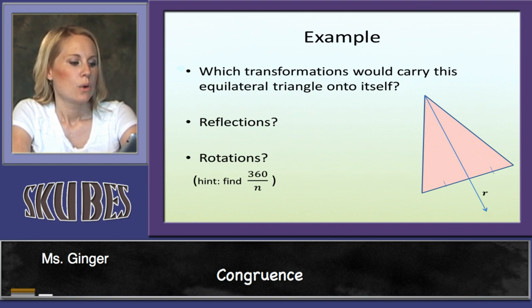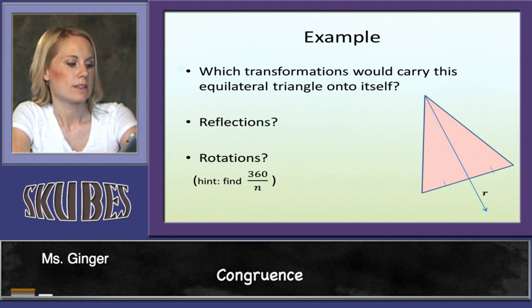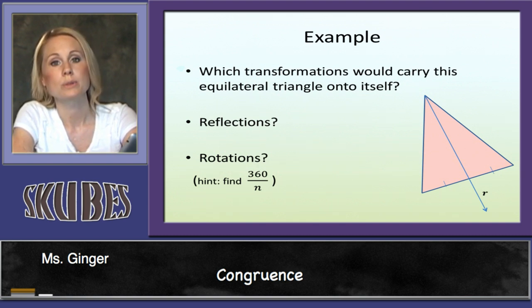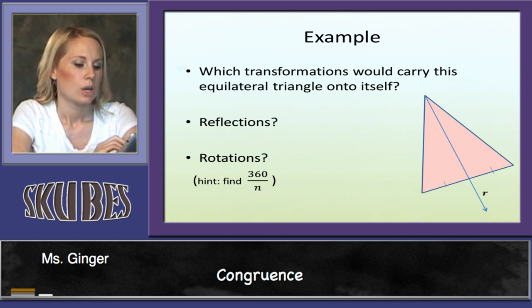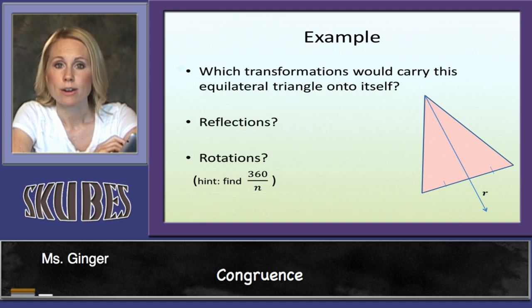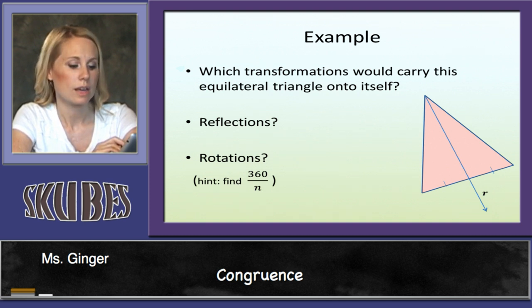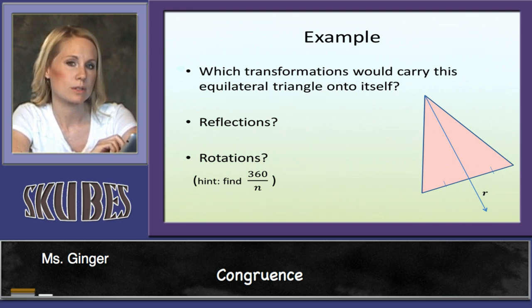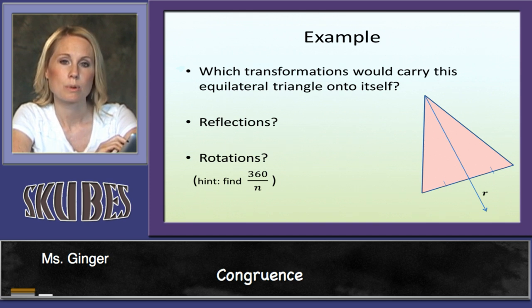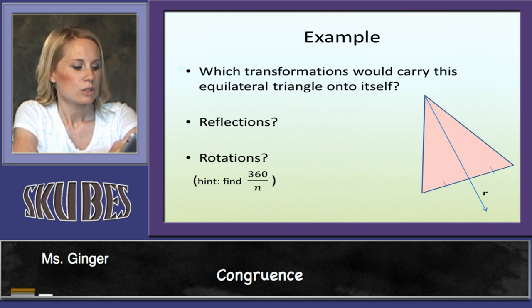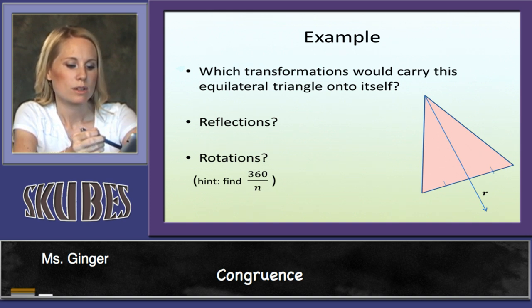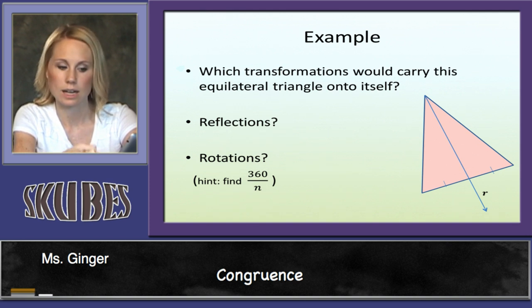Alright, which transformations would carry this equilateral triangle onto itself? So thinking about all the information we just discussed, we notice that we have a triangle. That's the first thing that we will look at because that means we have three sides. So remember, we're talking about an odd amount of sides. So as far as reflections goes, remember we talked about your lines of symmetry will go through a vertex and the side opposite of that.